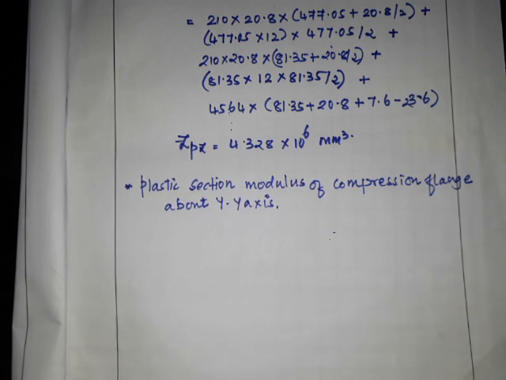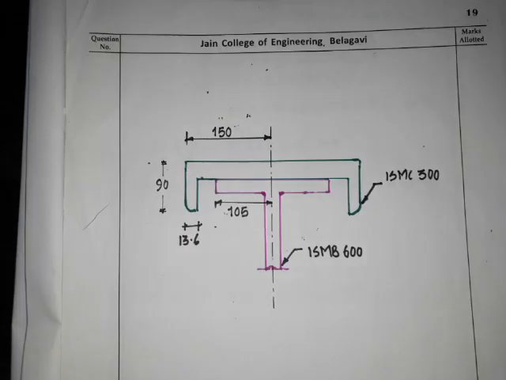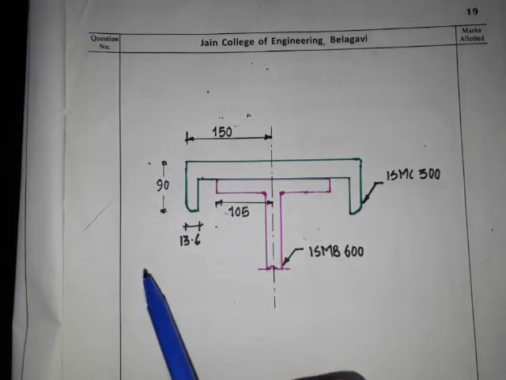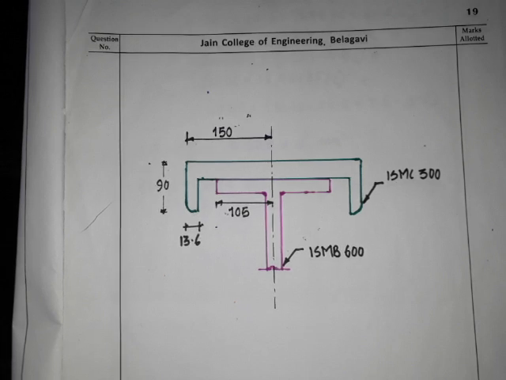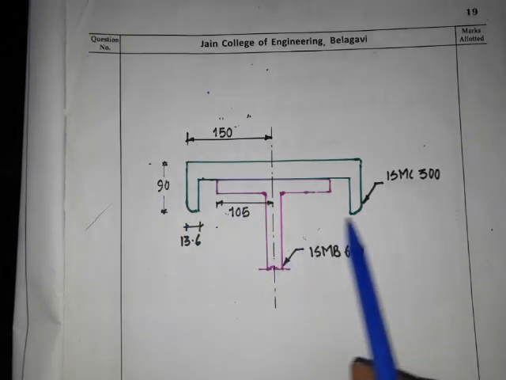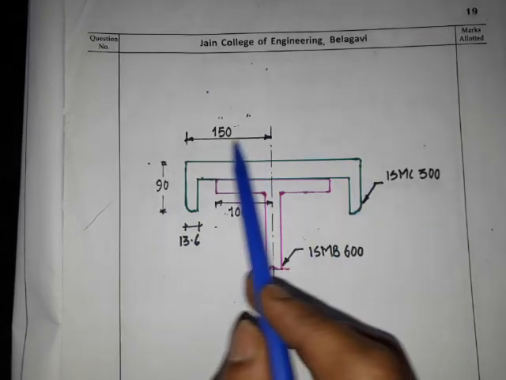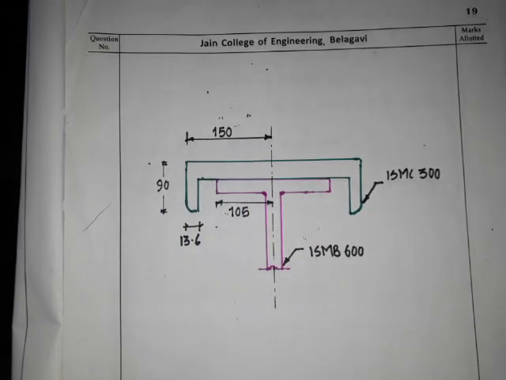Now what you can see here is the compression flange. When the section bends or deflects, the bottom part will be under tension and the top part will be under compression. So this part will be under compression, correct? So we have to find the plastic section modulus of the compression flange.